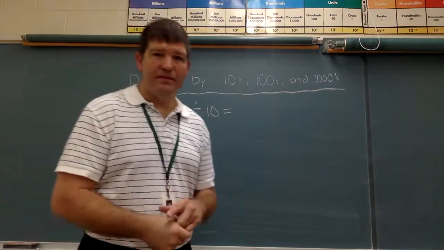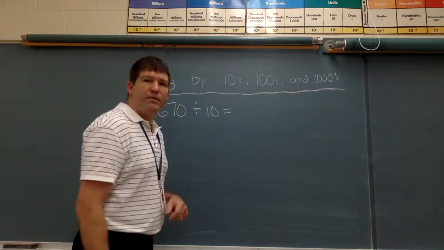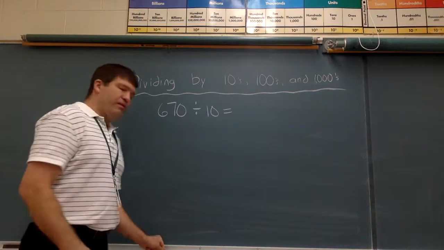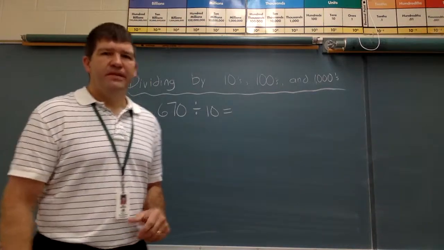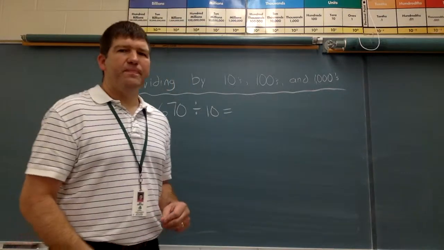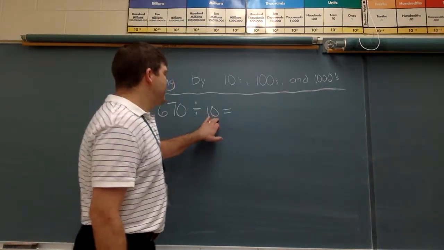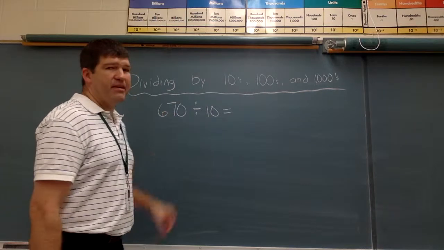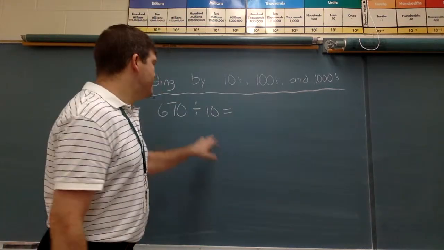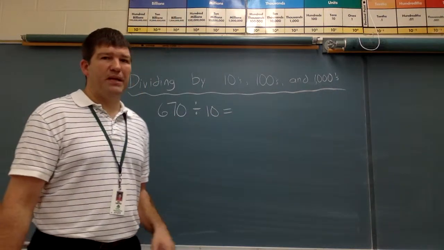Okay, so let's start with the one I have on the board, 670 divided by 10. And what I like to do is kind of reduce or simplify it. Now, if I do something to this number, I have to do the same thing to this number. And I see that both have a 0 in the ones place.